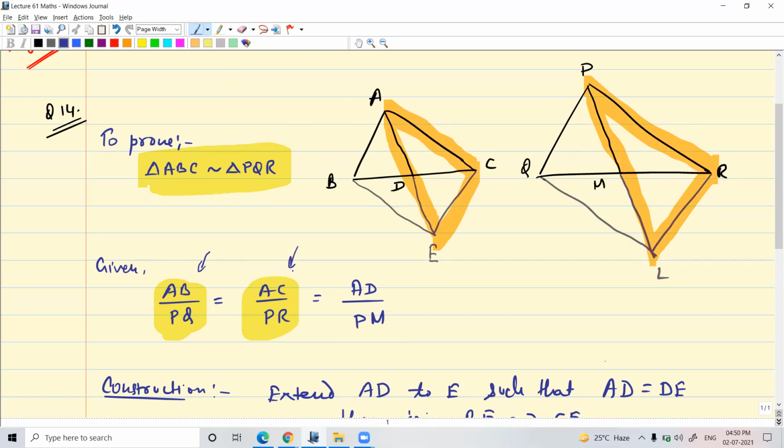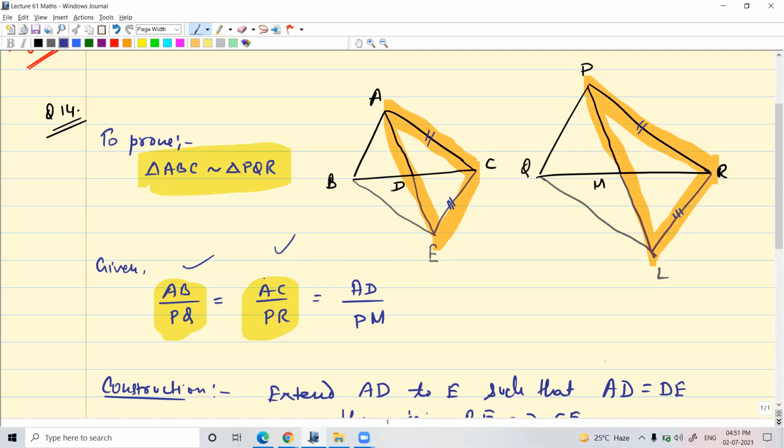As we know that in a parallelogram the opposite sides are equal, we can replace AB with CE and PQ with RL. Okay. So I will get AC by PR equal to CE by RL.